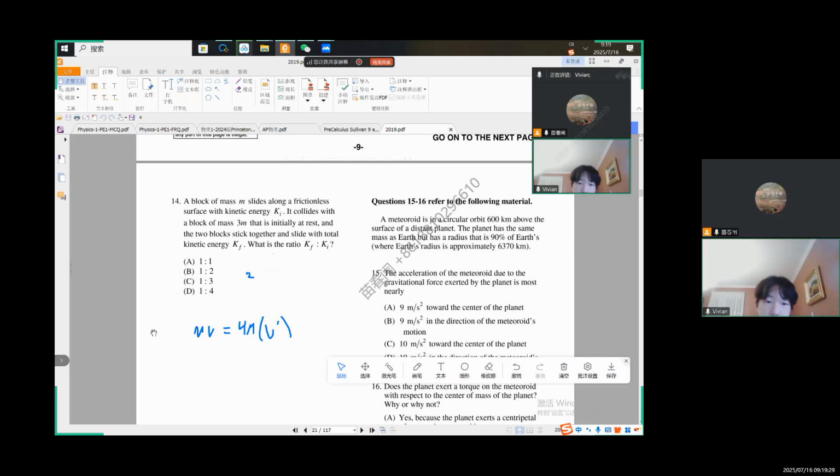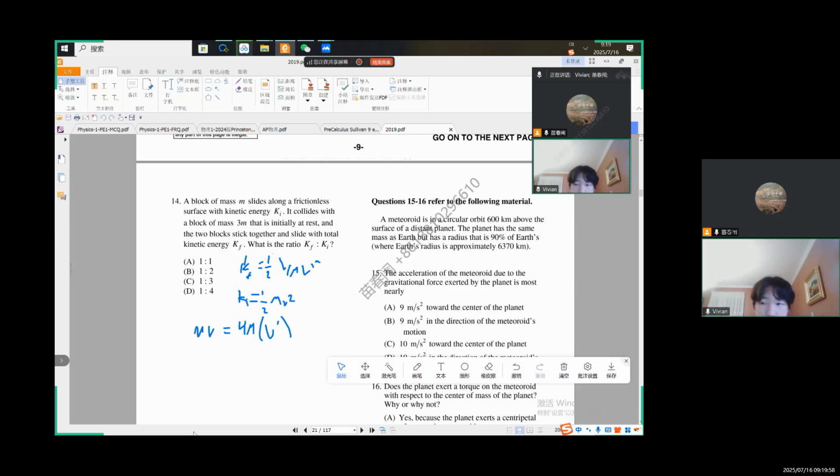Kf equals 1/2 times 4m times v prime squared. K initial equals 1/2 m v squared.